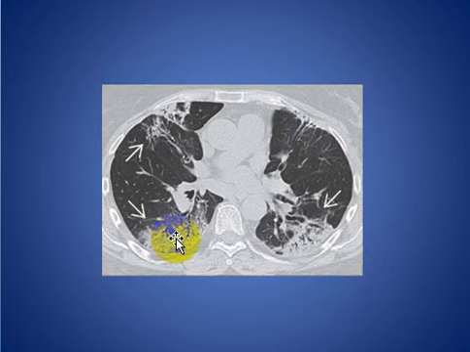Here we see axial non-contrast enhanced CT scan, bilateral airspace consolidation involving both lungs, more to the lung bases and posteriorly, with air bronchogram and some atoll sign. And this is cryptogenic organizing pneumonia.